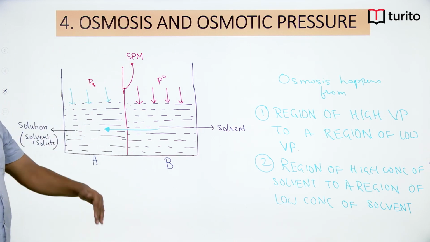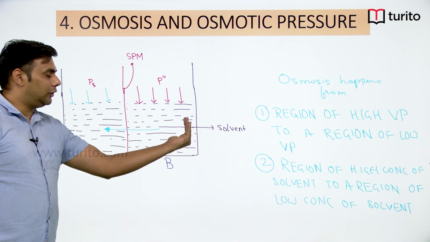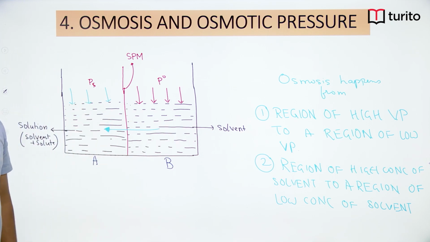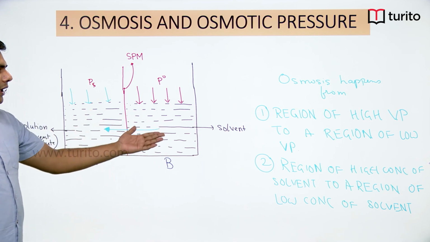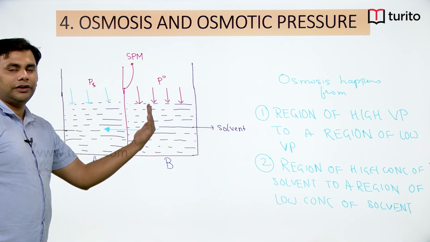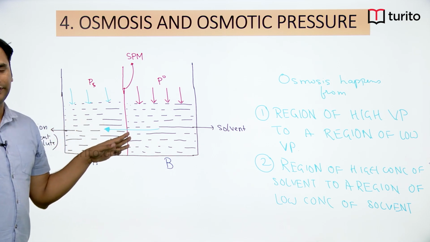So solvent will always move from the region where it is present in excess amount, and it will go towards the side which is having less amount of solvent. So we say that osmosis takes place from the region of high vapor pressure to a region of low vapor pressure, or from the region where the concentration of solvent is more to the region where the solvent concentration is less.